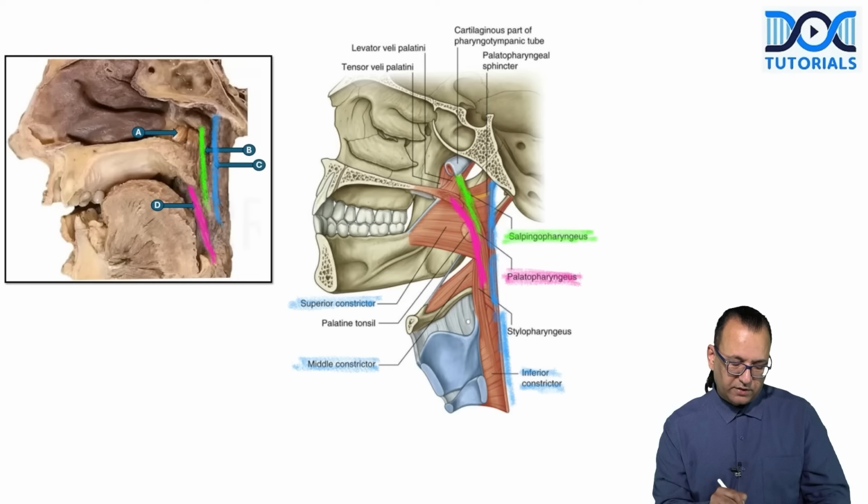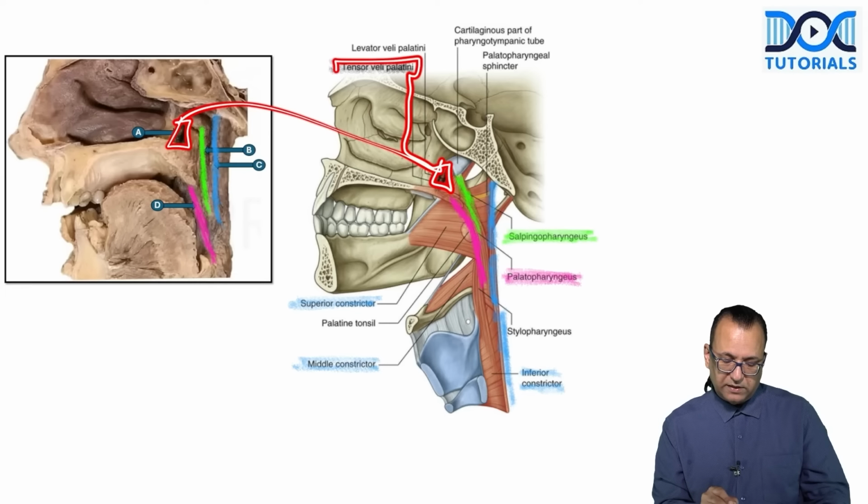And then you can use another color, let us say black, for tensor veli palati. So it is obvious that in this diagram, tensor veli palati is the answer of exception. If it is compromised, there won't be any dysphagia per se. Otherwise, these are pharynx muscles.